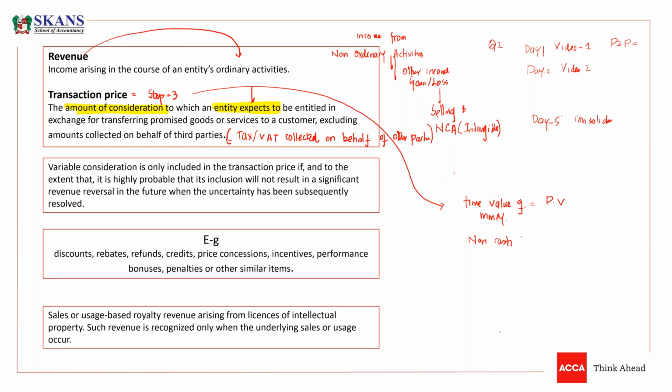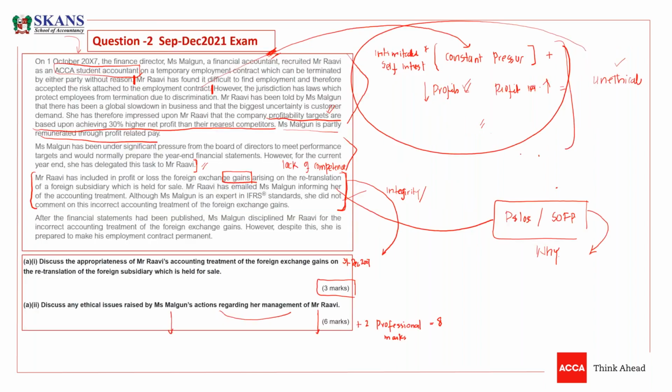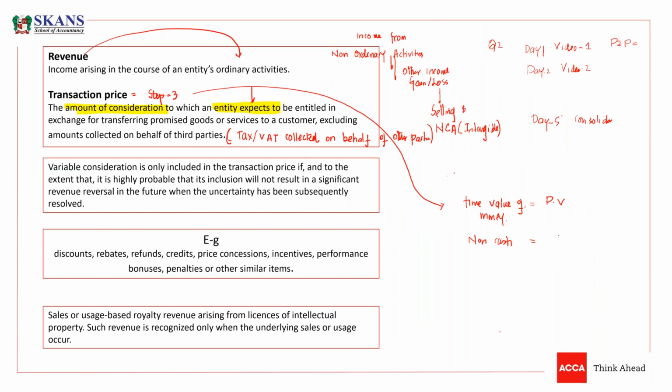If you are selling goods in exchange for shares, goods for goods, or shares in exchange for services, you are not getting cash, you are getting non-cash consideration. So whenever there is a non-cash consideration, revenue should be the fair value of the consideration received, or the fair value of goods or services given.